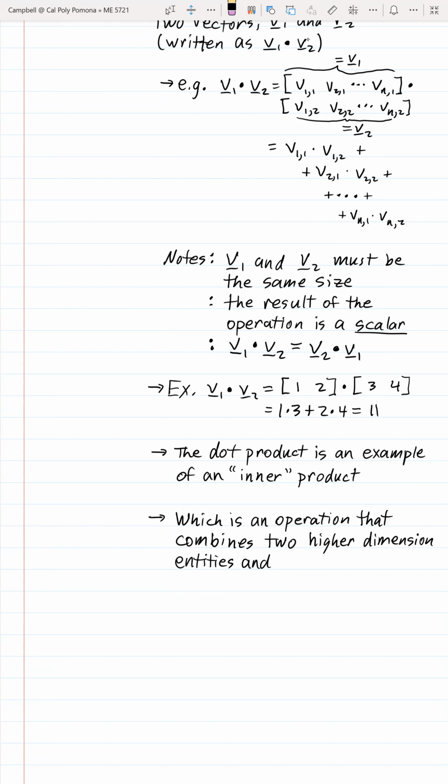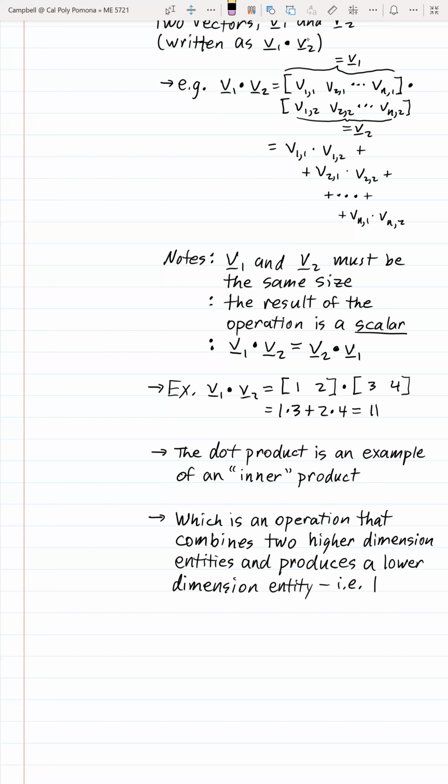So an operation that combines two higher dimension entities and produces a lower dimension entity. And of course, what am I saying here?